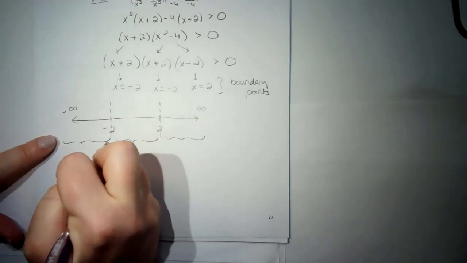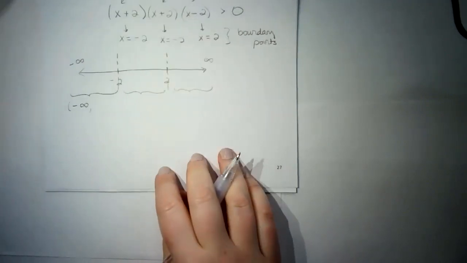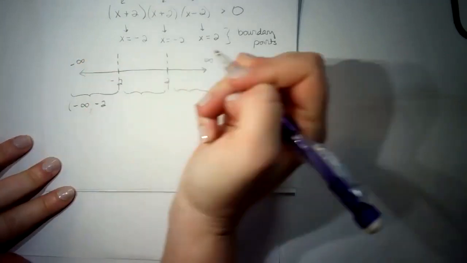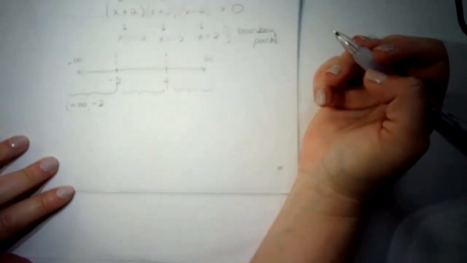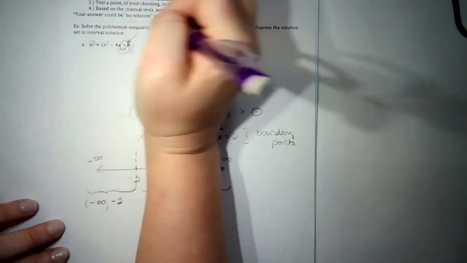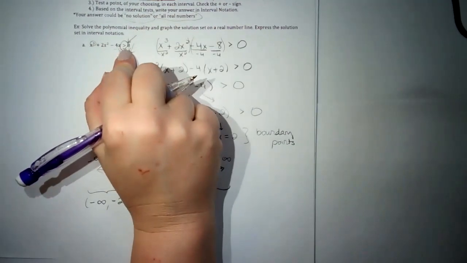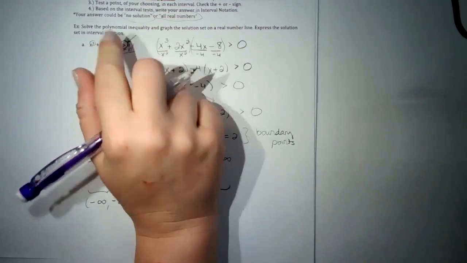All right, well here, first of all, this interval goes from -infinity, which is a parenthesis, to -2. Now, how are we going to know what kind of enclosure we put with -2? That comes from your original problem. So if you look back at the original problem, this is simply a greater than sign. So is that parenthesis or hard bracket? Parenthesis.